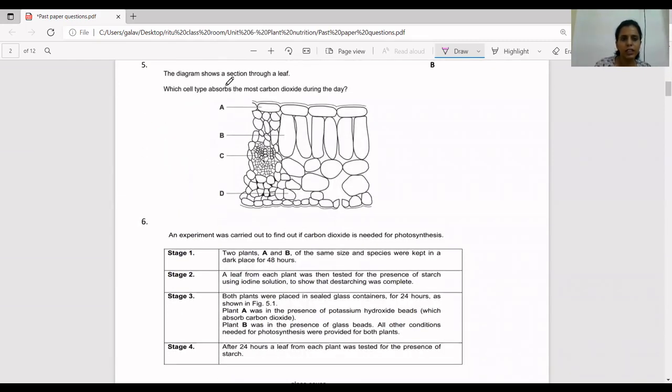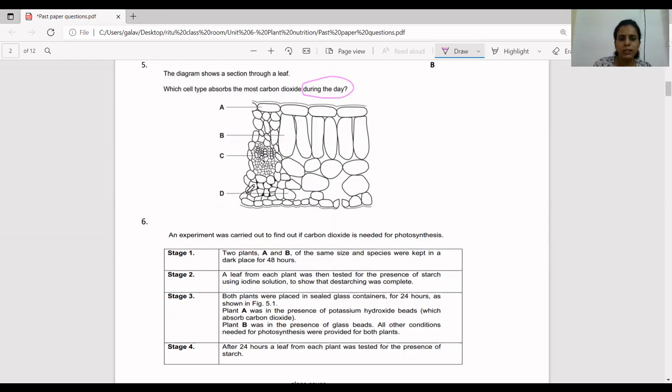Fifth question, the diagram shows a section through a leaf. This is the longitudinal section of a leaf. Which cell type absorbs the most carbon dioxide during the day? Now they have given a condition: it's daytime. So during daytime, out of these cells A, B, C, D, which type of cell will absorb the maximum amount of carbon dioxide?